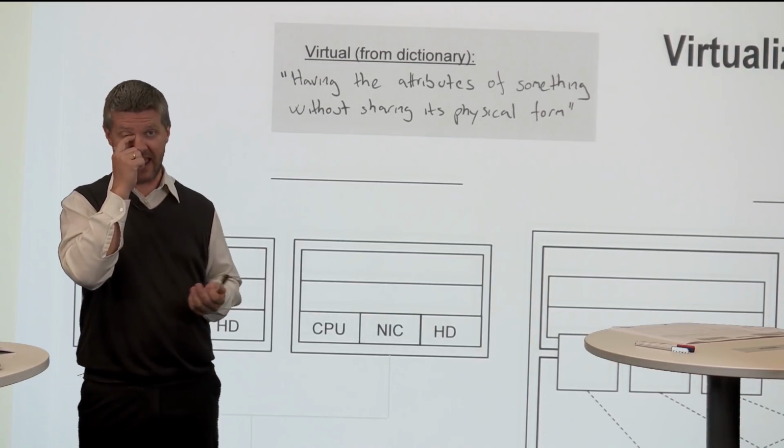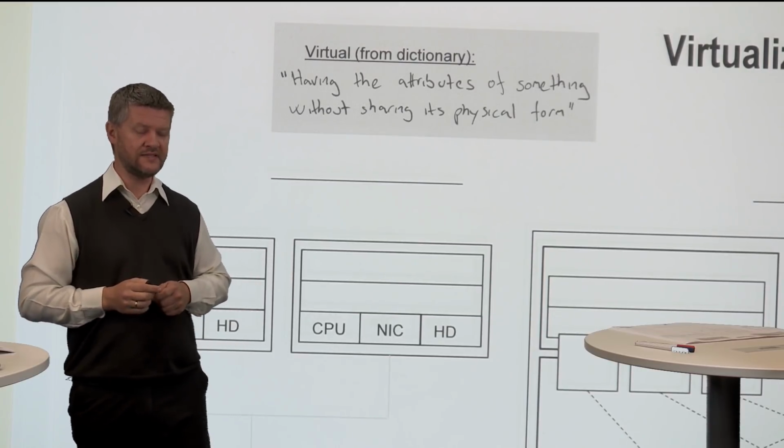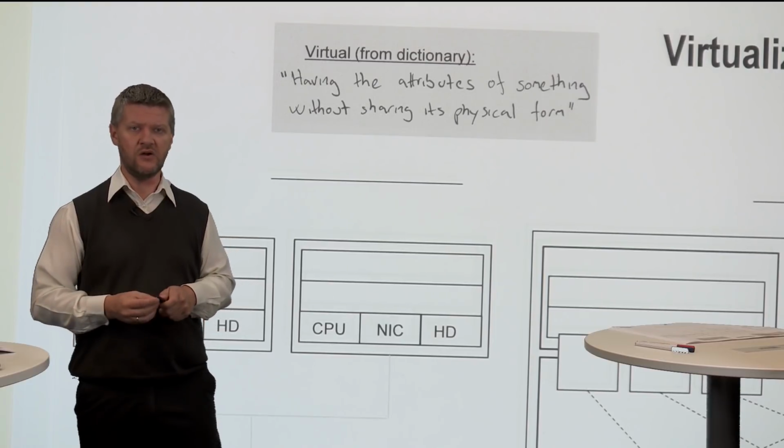Now, what does that mean? Having the attributes without sharing its physical form. Well, in some cases it's sort of difficult to make it concrete, but some things are very concrete.